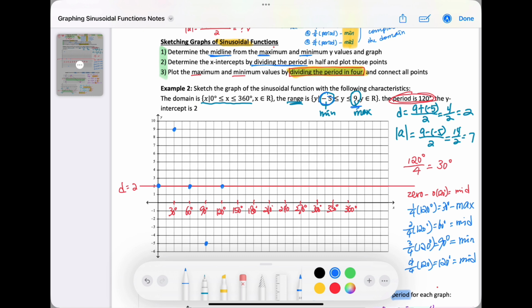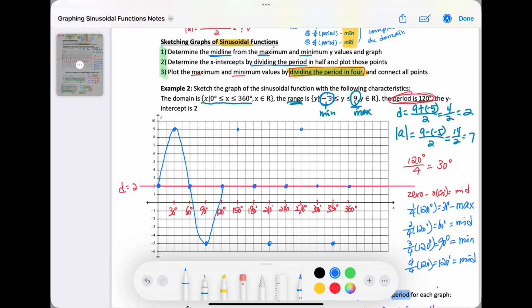So you can see the curve. This is one period, and it's beautifully curved. Are we done yet? No, we have to keep repeating this cycle. So 120 is midline, 150 is my maximum, 180 is back to my midline, 210 is my minimum, 240 is my midline, 270 is my maximum, 300 is my midline, 330 is my minimum, and 360 is back to my midline.